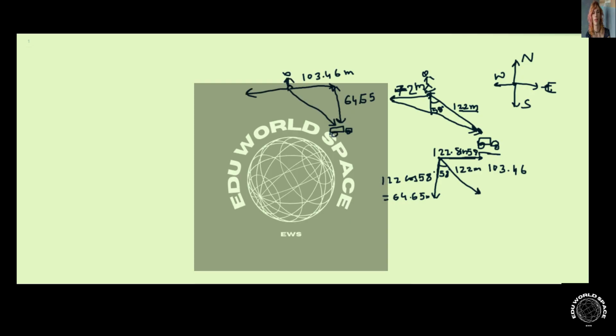And now you move another 72 meters westwards. Now to find this resultant vector, all we have to do is find this horizontal component and this vertical component. The total horizontal component of the final vector would be 72 meters plus 103.46 meters.